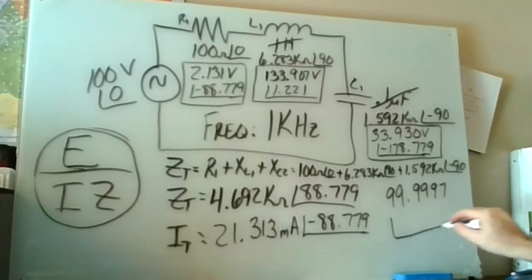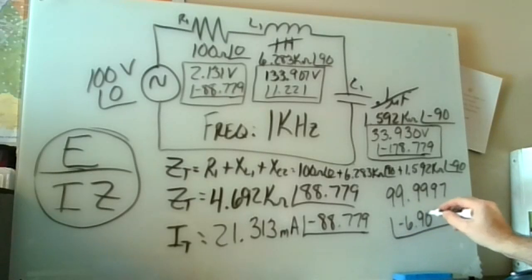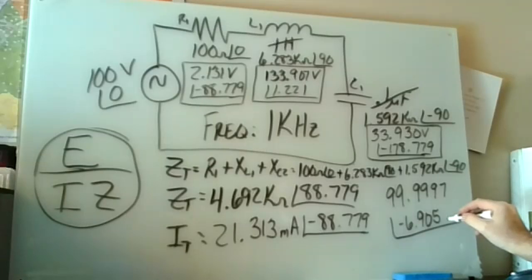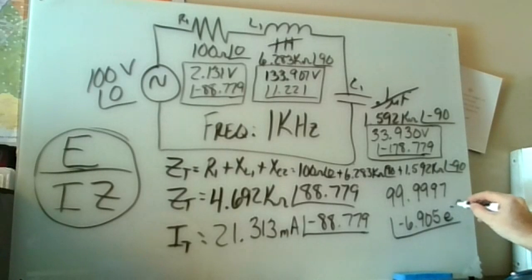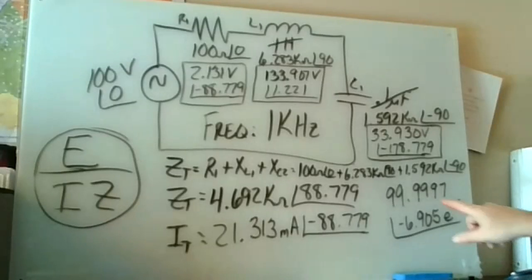Okay, what's your angle? Negative 6.905. Is there anything at the end of that angle? It says exponent negative 5. So it says 99.9997, and your angle is negative 6.905, E negative 5. Is that not 100?